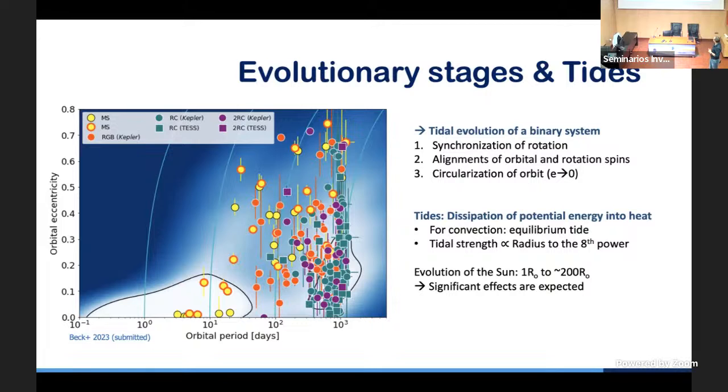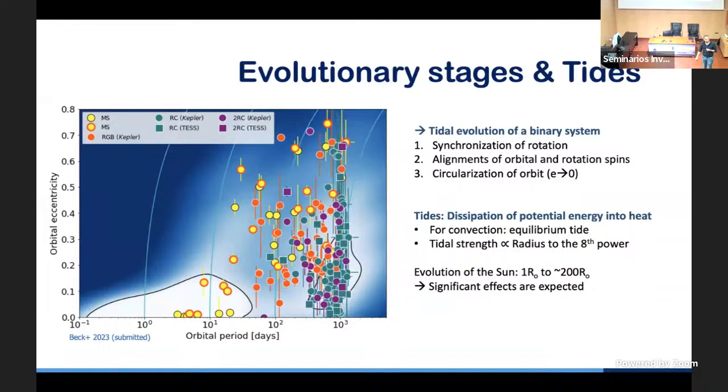The thing is, for the equilibrium tide, the radius goes in as a function to the power of 8. So it's highly sensitive. And in the red giant phase, a star like the sun can vary its radius from 1 to 200 solar radii. So if you plug that in here, you can imagine that this is a pretty big change.